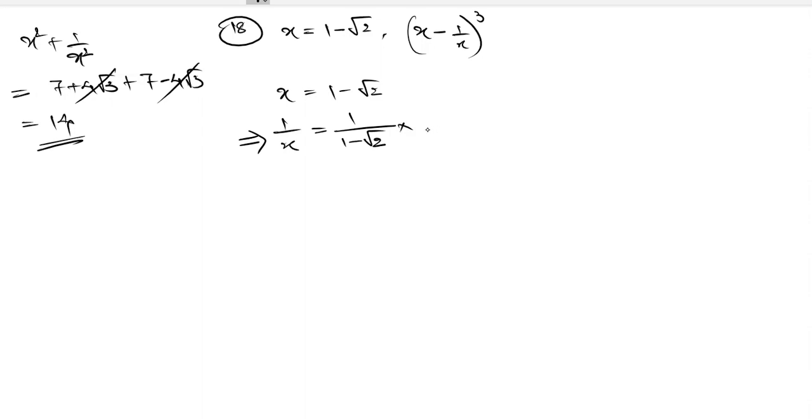But what you will do? Instantly you will rationalize the denominator. So you will multiply it with 1 plus root 2 in numerator and denominator. So 1 by x becomes 1 plus root 2 upon 1 square minus root 2 square.